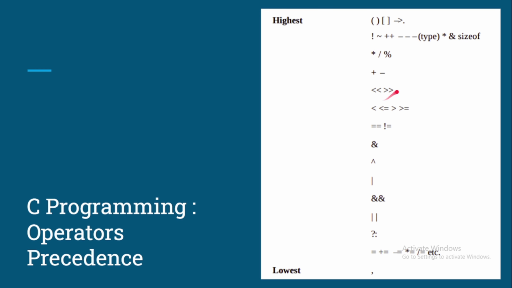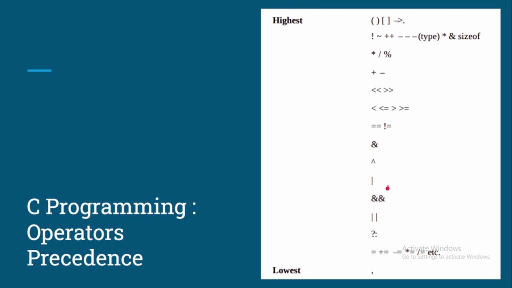After that we have left shift and right shift. Then we have the comparison operators: less than, greater than, and so on. Then equal to and not equal to have a lower precedence than greater than or less than. Then we have bitwise and, then bitwise or. Then there are logical and, logical or. So bitwise operators have higher precedence than logical operators.